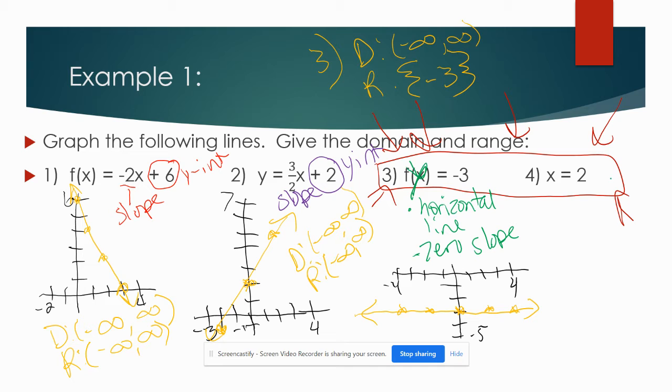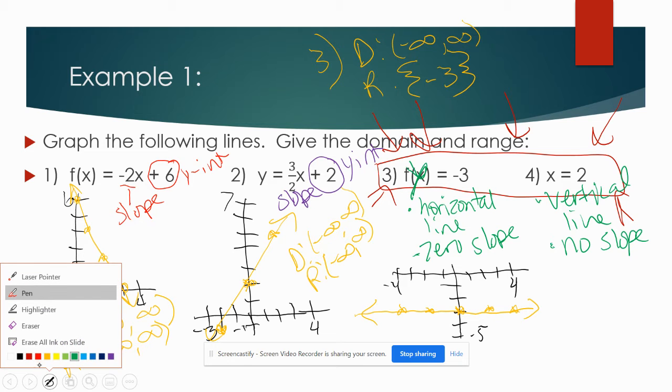For x is equal to 2, this is going to be a vertical line. And this has no slope. Vertical line, no slope.